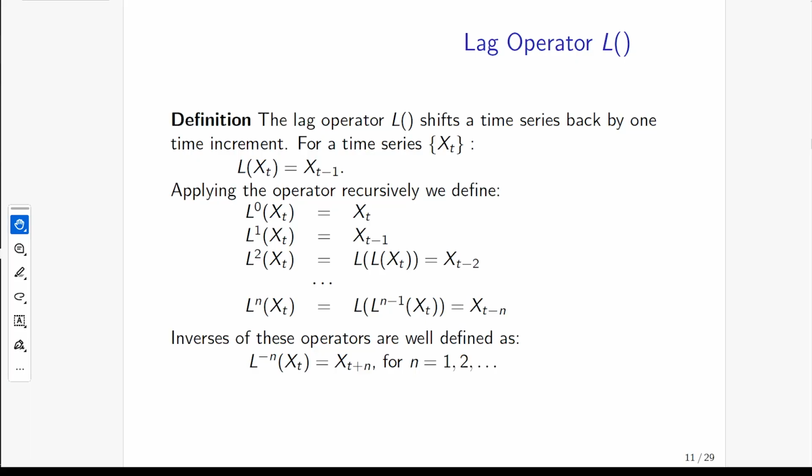We can think of L to the 0 power doing the identity. L to the 1 power shifts back once. If we apply L twice, or L squared, this shifts back 2 periods. And of course, if we apply it n times, then we shift back n periods. With these lag operators, we can think of inverses of those operators as well, and consider shifting the time series forward if that were useful.